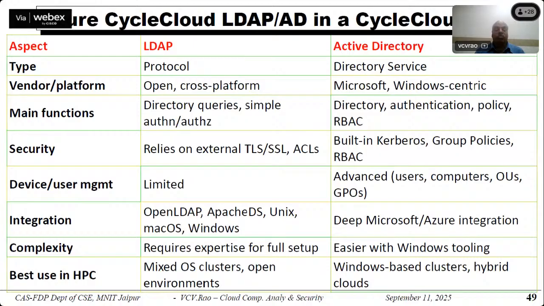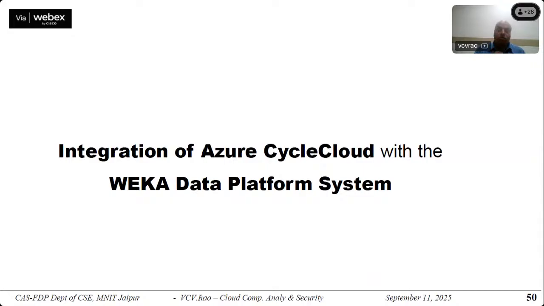All things we need to put together in a single framework under the Azure CycleCloud actually. Okay. So we just quickly go through some of the codes which we run now. Then we come back to how the integration has been done.